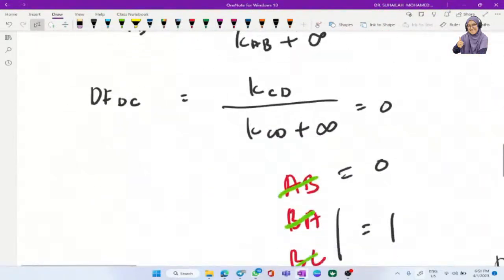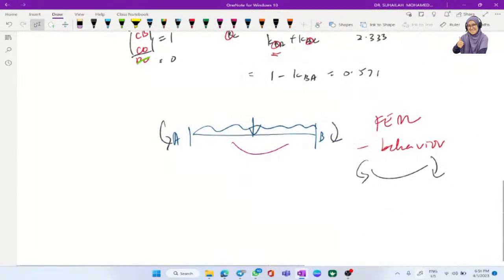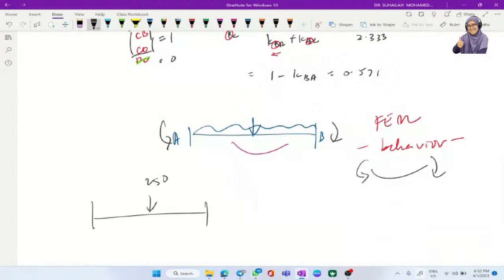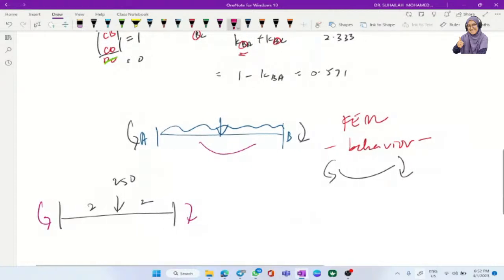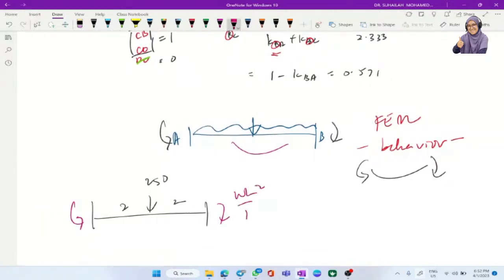So for AB, it is subjected at the center, 250 over 2 meters. The fixed end moment is in this direction. The formula WL squared over 12 is for UDL, sorry. For a point load at the center it is PL over 8.